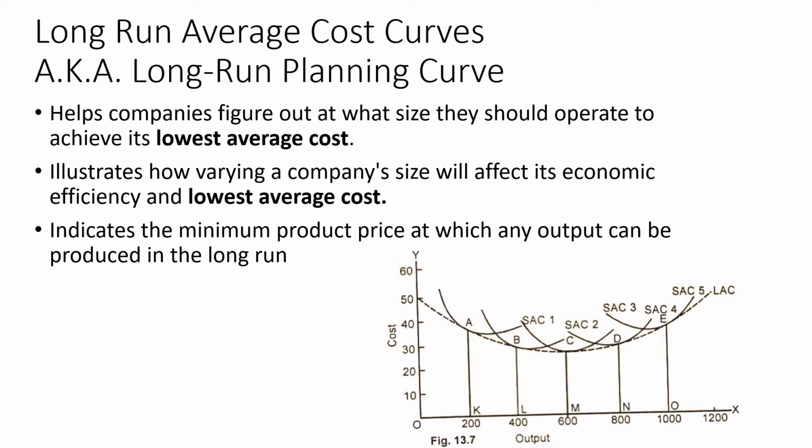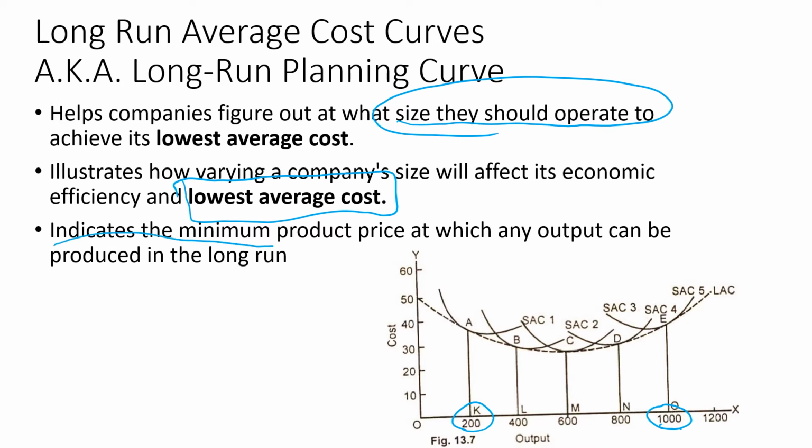When we plot the short run and the long run planning curves, this helps companies figure out what size they should operate. Should they get bigger and produce more, or should they get smaller and produce less? It does this by helping them figure out what is their lowest average cost at particular outputs. Okay, so these curves indicate the minimum product price at which any output can be produced in the long run.